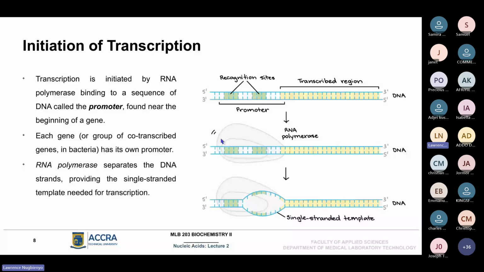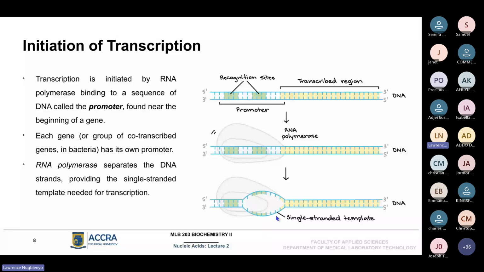Then you have that opening up of the strand, exposing the codes. This is now exposing these nucleotides so that they can be copied. So you see RNA polymerase binds to the promoter region, specifically because of these recognition sites, and causes the opening up. So that will be an initiation of the process of transcription.